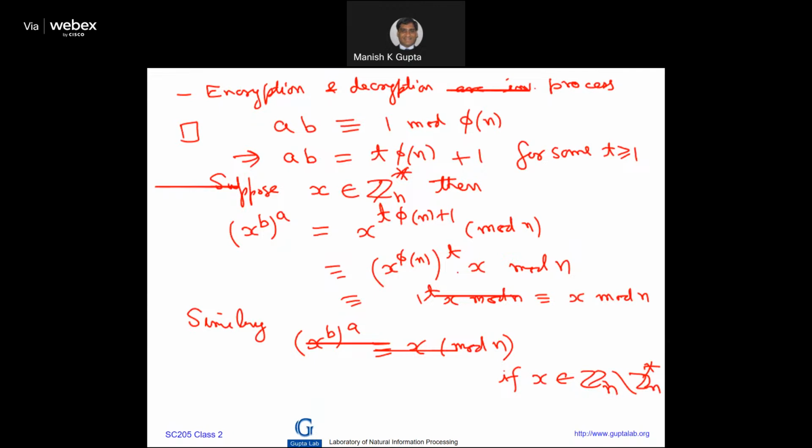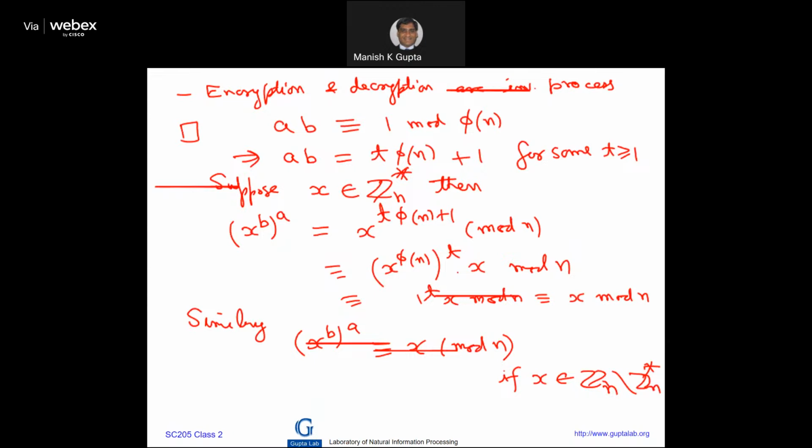How does this process work? Since a into b is congruent to 1 mod phi of n, we can write a into b equals some multiple of phi n plus 1, right? Because that's how we are dividing, for some t. Now suppose x is a member of Zn star. Then I can compute x raised to power b raised to power a, and I can plug in the product a into b.